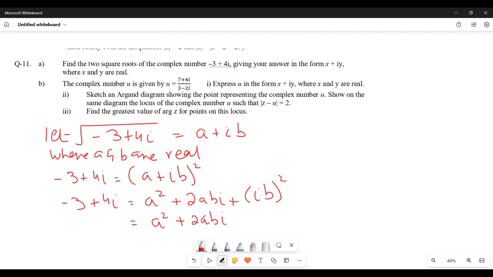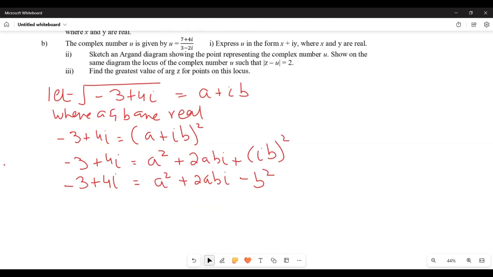Iota square is -1, so it's a square minus b square plus 2ab iota equals -3 plus 4 iota. Now I'm going to equate the real terms on both sides and the complex terms on both sides.